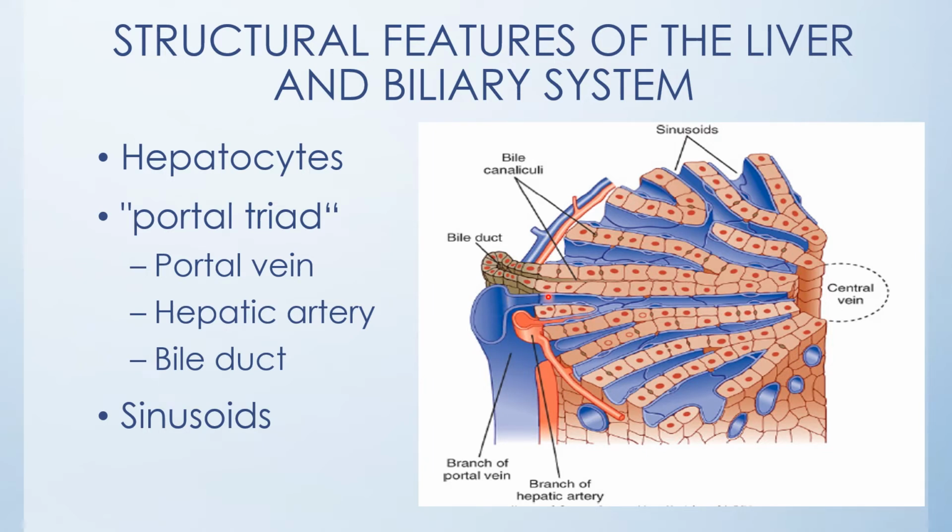So this is what you call your portal triad, together with the bile duct. Thus, the blood from the portal vein and the hepatic artery percolates around the hepatocytes via the sinusoids. So these are the sinusoids, and they percolate through the hepatocytes before they are drained to the central vein.